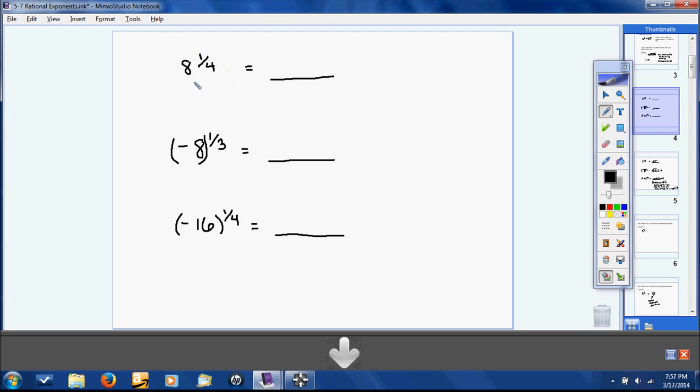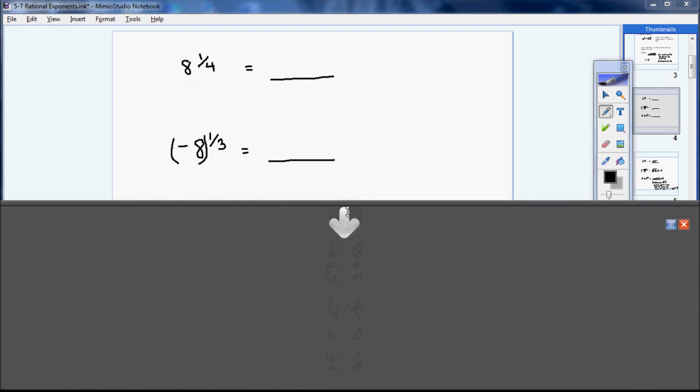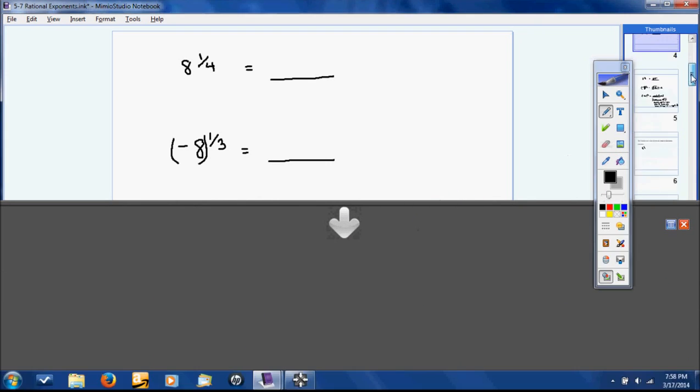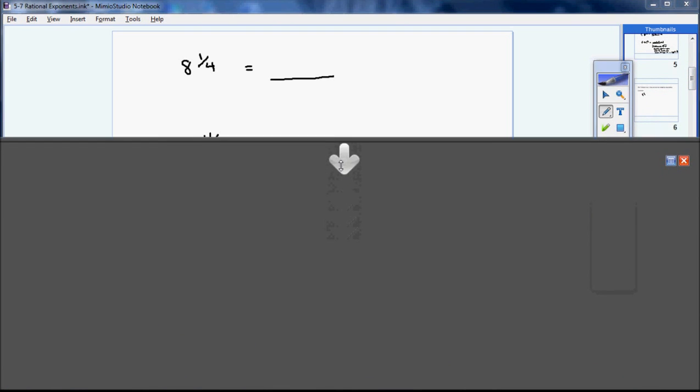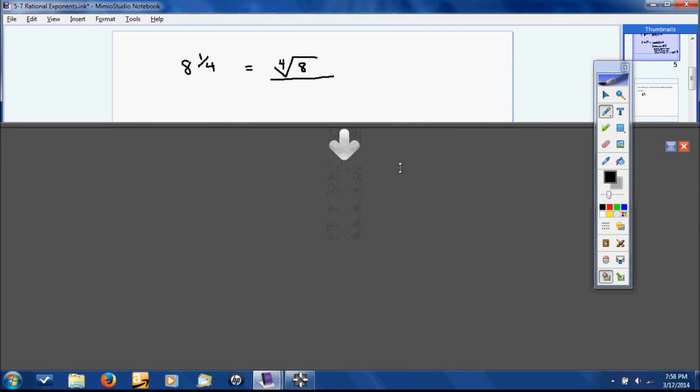So if we're going to rewrite that, this is really a 4th root of 8. Let's do these as a reveal one at a time. So it's a 4th root of 8, and you would write that like that.